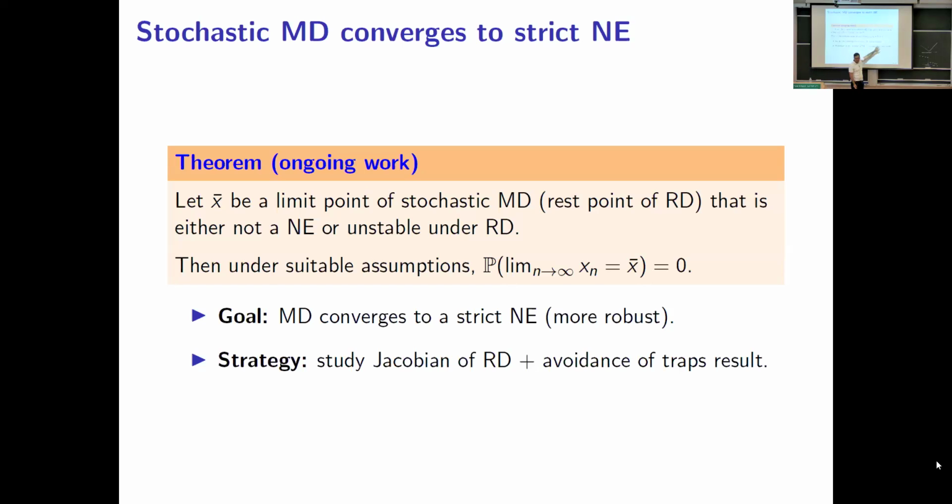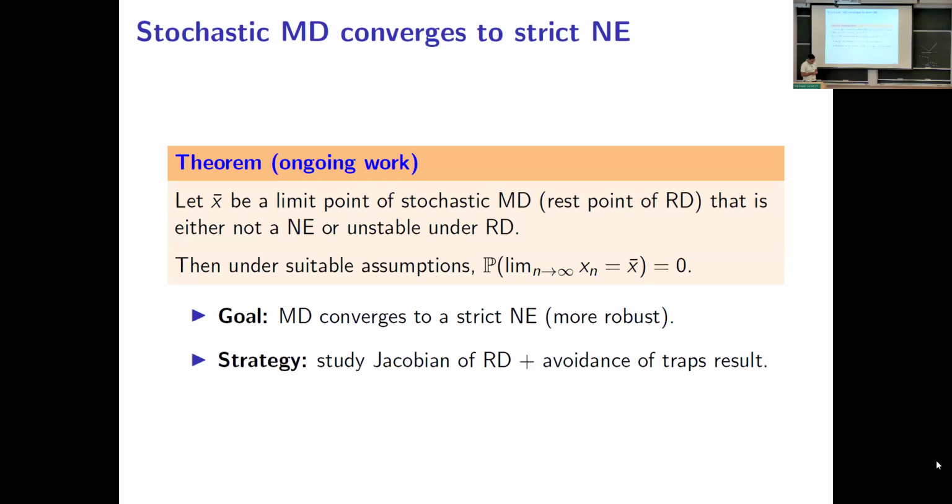We will not converge towards that unstable equilibrium. And the goal is to show that we converge to some strict Nash equilibrium, and strict Nash equilibria are known to be more robust compared to mixed ones.